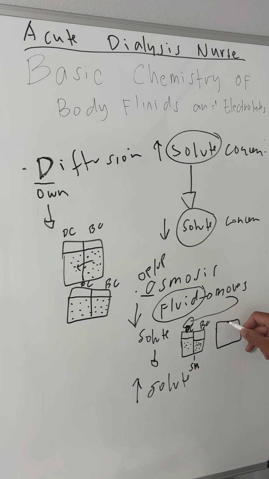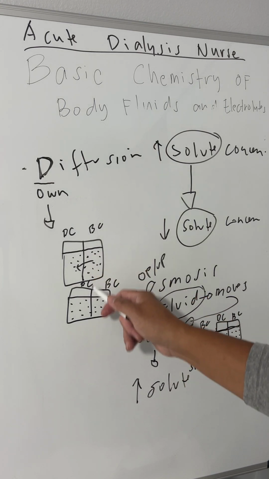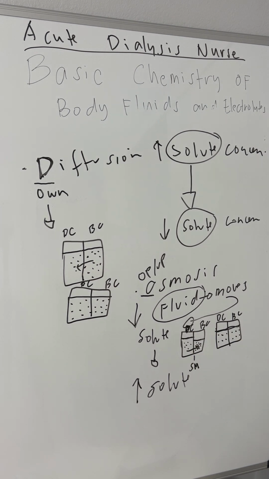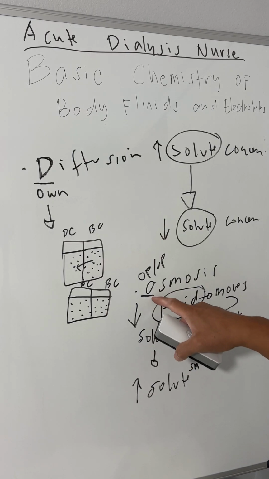The fluid moves from lower solute concentration to higher solute concentration until it's normalized. So you see, the water moves there until it's normalized, and then the solute is also normalized. So there's movement of water. This one, there's no movement of water, it's just solute. So I hope you get it. Diffusion, D, going down. Osmosis, up, going up.